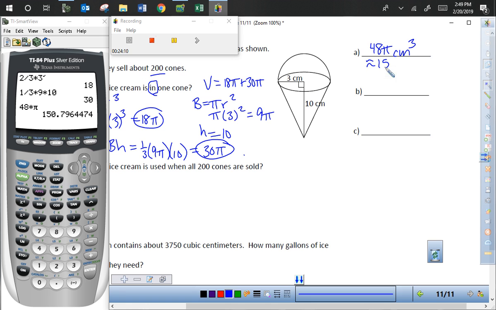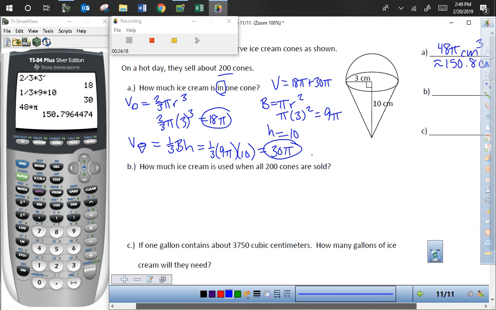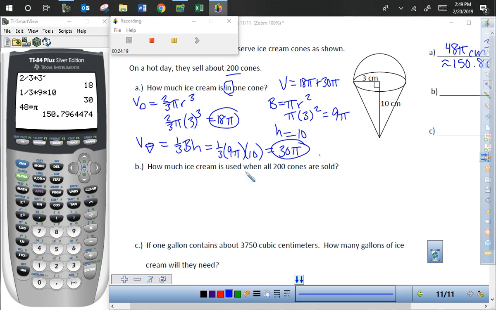It's about 150.8 centimeters cubed of ice cream in that one cone. For the second part, it says how much ice cream is used when all cones are sold, so all 200. If this is the number for one cone, we have to take that and multiply it by 200 cones.